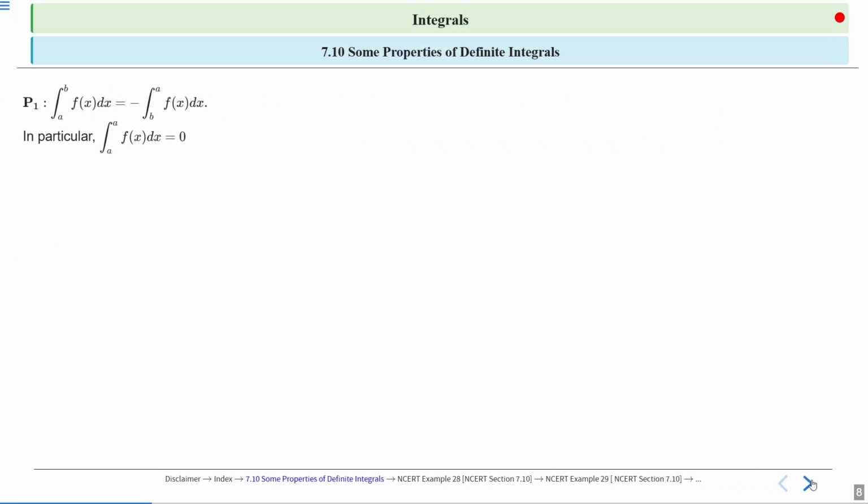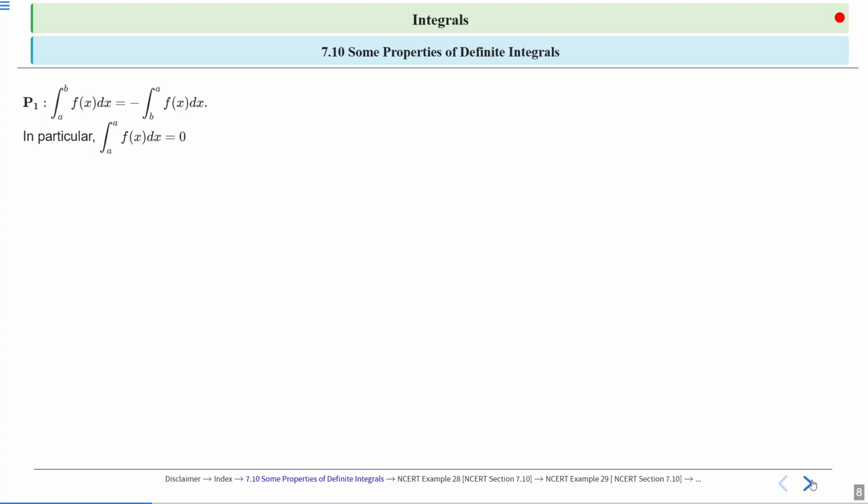Now P1 is that the definite integral from a to b of f(x) dx is equal to minus the definite integral from b to a of f(x) dx. We use this property so that we can change the limits.